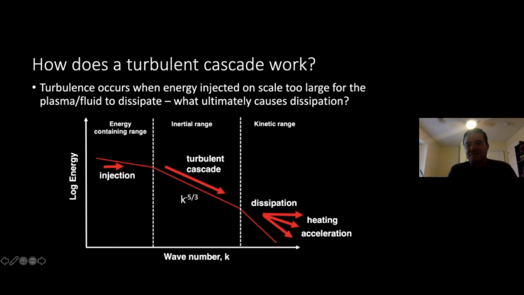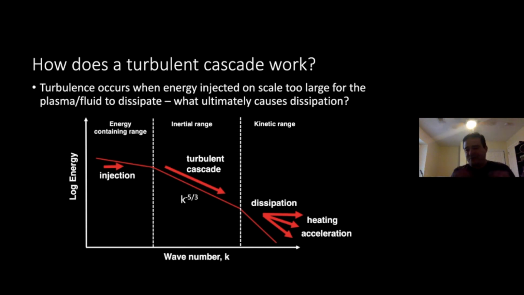this sort of k to the minus 5/3 dependence, and that's your wave number. That's 2 pi over your wavelength. So it's a measure of a spatial frequency, essentially. But you get this k to the minus 5/3 slope in the energy spectrum in space, and then eventually the slope will steepen, and that's what we call the dissipation range.